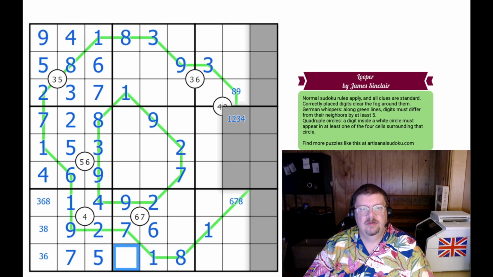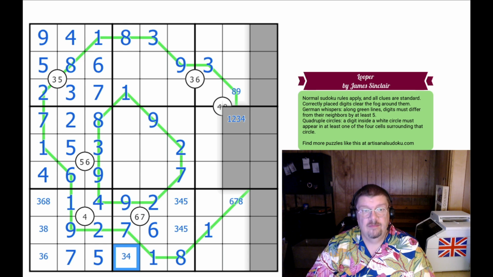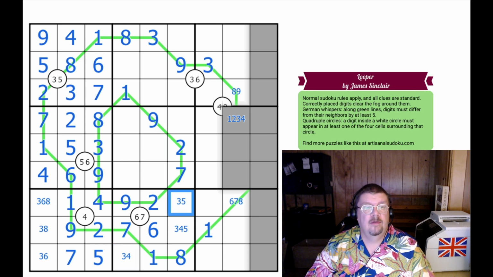Three digits left in this box. I need a 3, a 4, and a 5. That's not a 5, and that's not a 4.